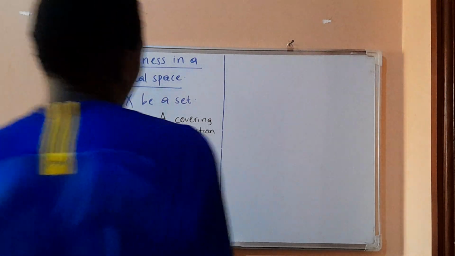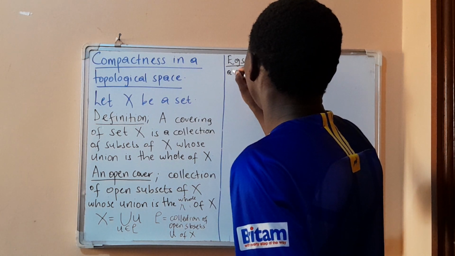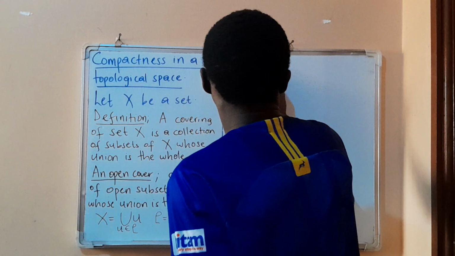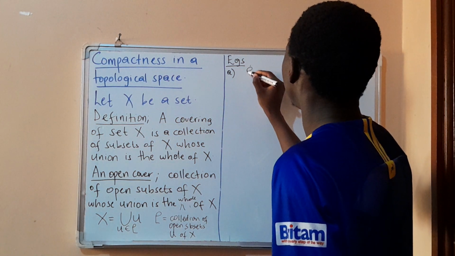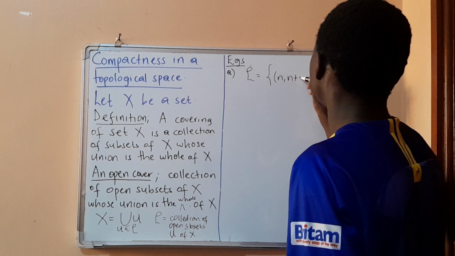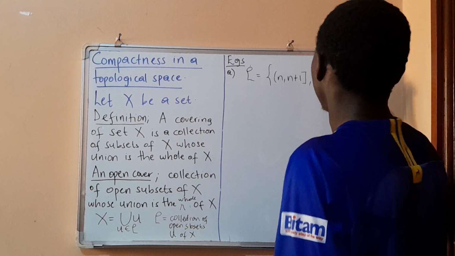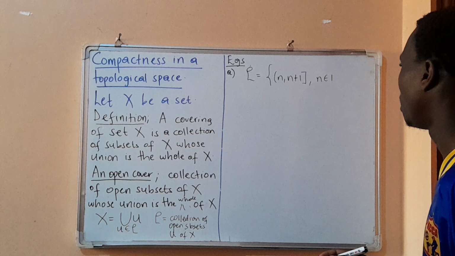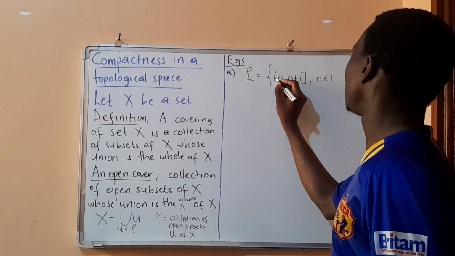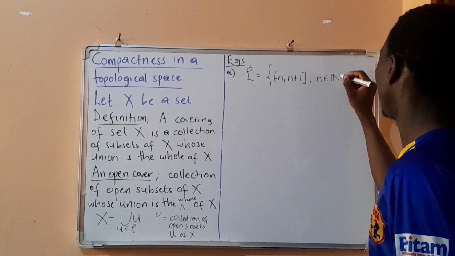Now let us look at some examples. Part A. This set here, the sets n, n plus 1, where n is a natural number, and I can put negative n there.